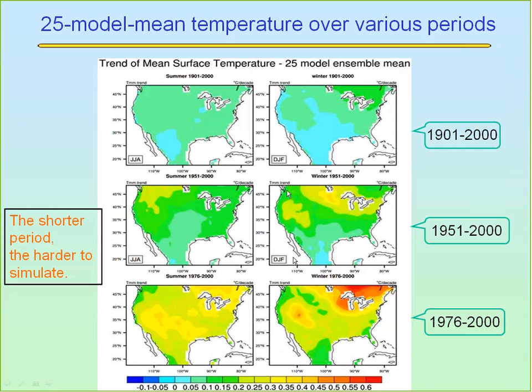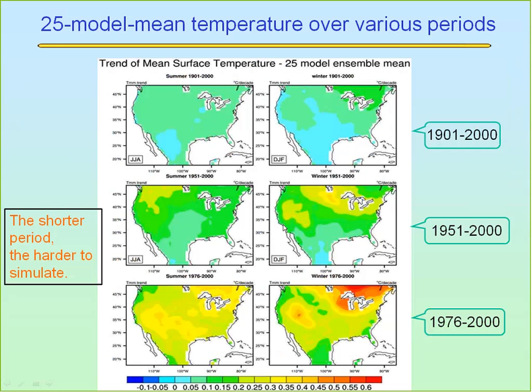If you summarize simply with the arithmetic average of all models over three time periods, the top is 100 years, the whole period of the 20th century, the second is the second half of the 20th century, and this is the last quarter. Actually, global warming in the last century is pretty much contributed by this period.